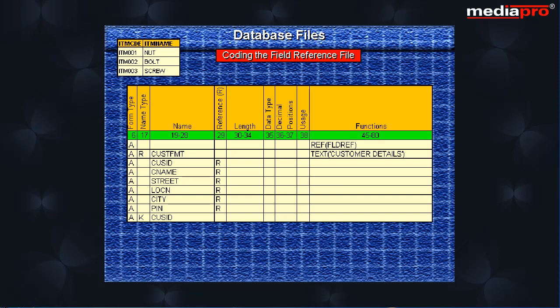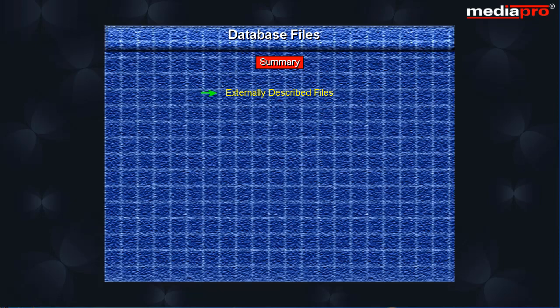This brings us to the end of the discussion on physical files. In this chapter, we saw how externally defined database files were described to the system. We looked at the different types of database files supported on the AS/400, namely the physical and logical files.